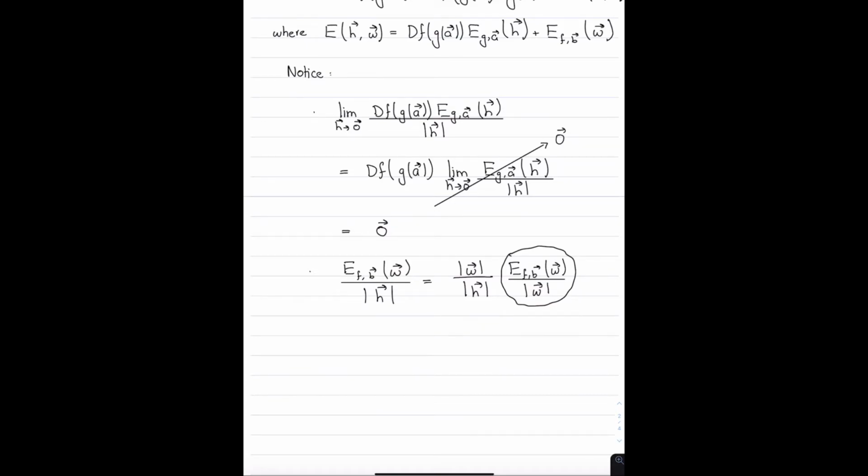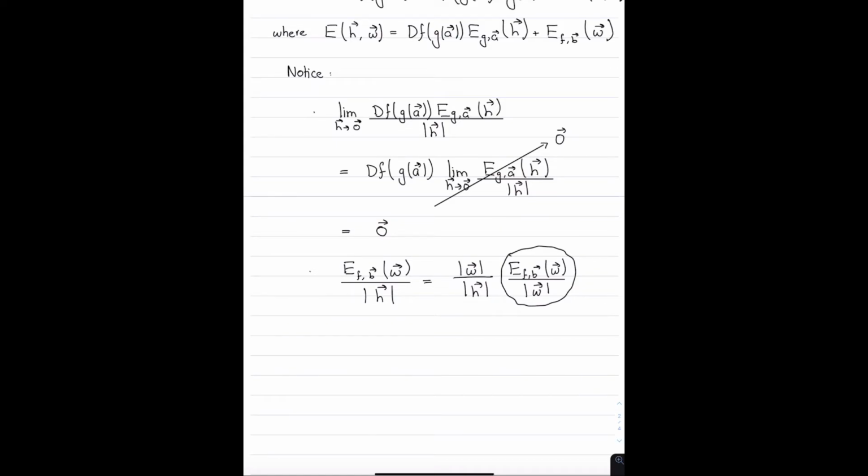What we need to show is that as h approaches the 0 vector, this entire expression goes to the 0 vector. However, what we also know is that this error term evaluated at vector w, divided by the norm of vector w, will go to 0 as w approaches the 0 vector.